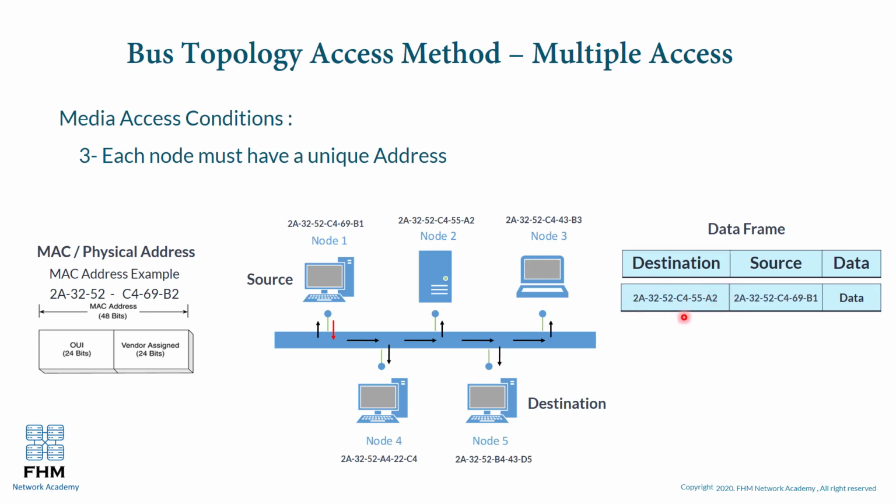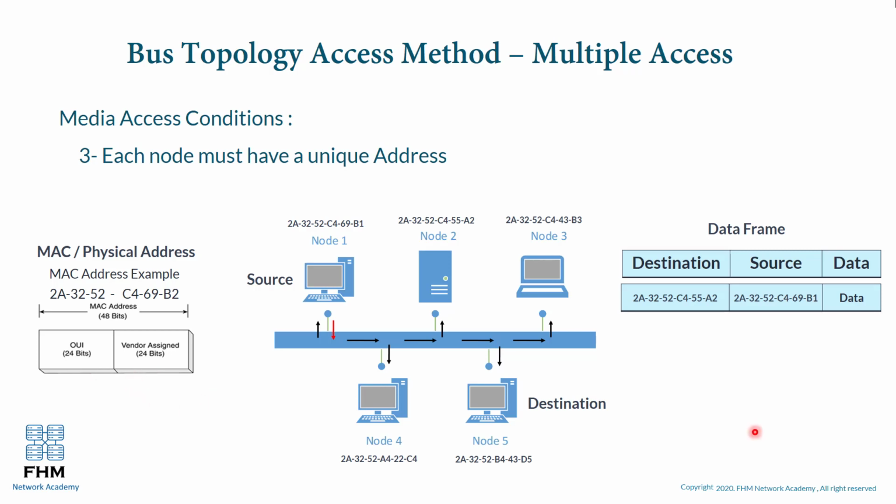The node that finds its MAC address in the destination field would respond to the request to the source, and all other nodes would drop the signal or frame. So this is why we need a frame for our information, and again we need addresses to tag the frame, and the address must be unique, which is organized by these two parts, I mean the OUI and the vendor-assigned part of the MAC address.